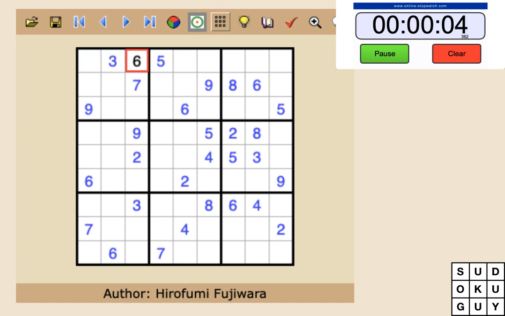Okay, I see a lot of 6s. Let's see where 6s can go in each box. Okay, wow, they left a lot of that available. Okay. The only place a 6 can go in this column, I believe.